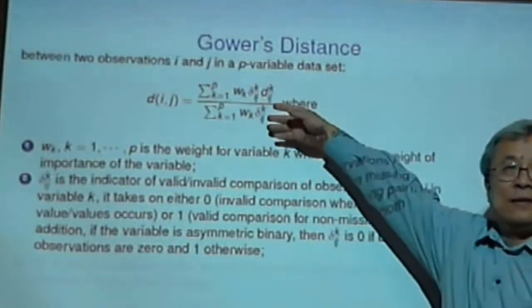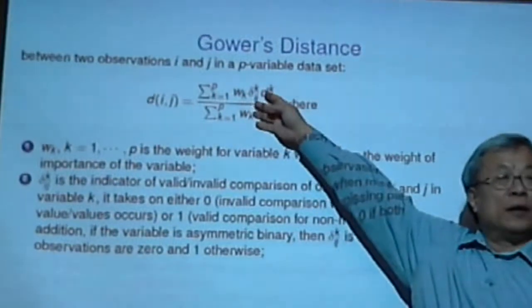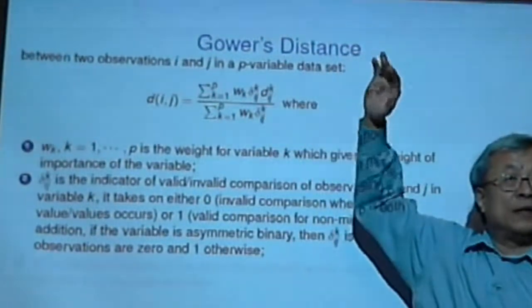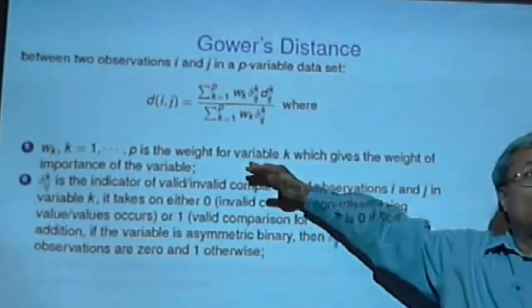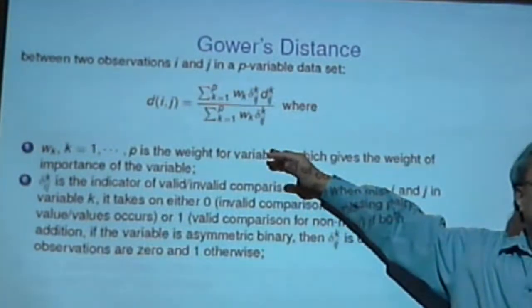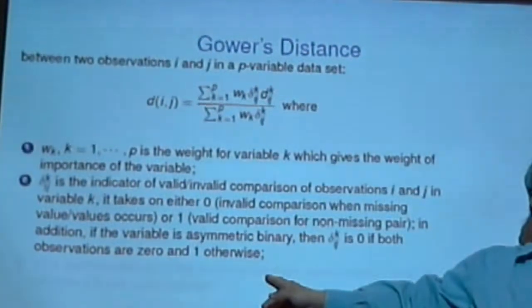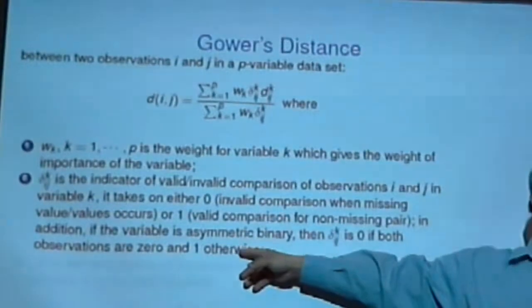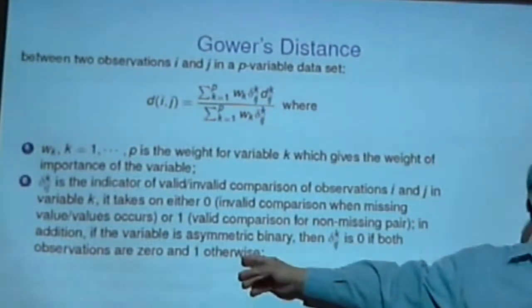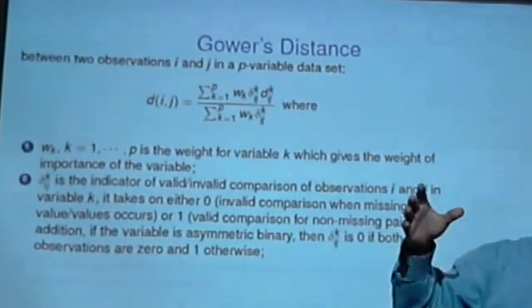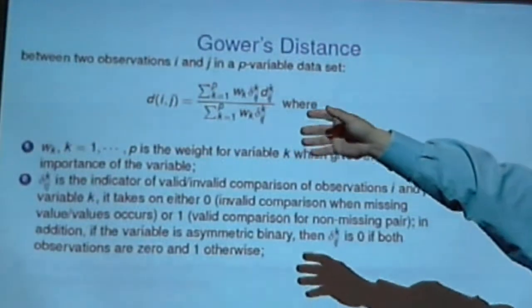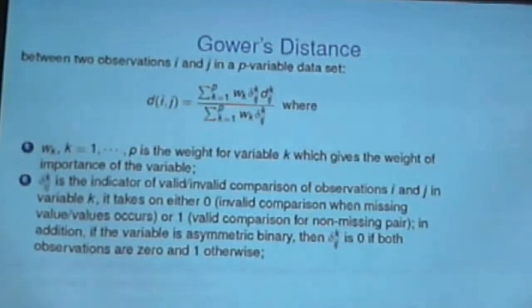In a sense, if you look at this formula, you kind of remove all invalid comparisons, and also remove this type of non-significant comparison. Whatever remains, you have the weighted average over this type of variable, isn't it?